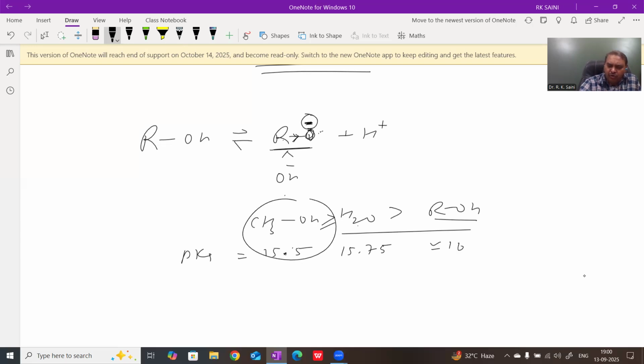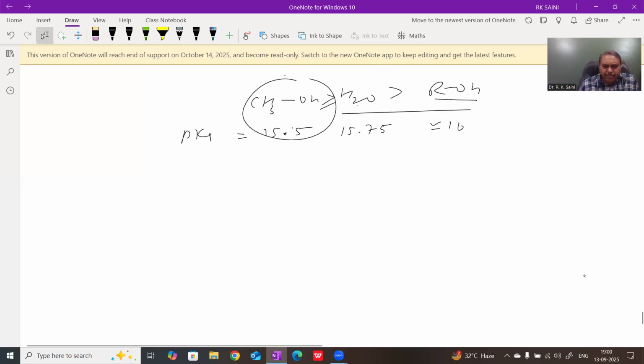The reason: the methoxide ion is slightly more stable than hydroxide ion, because the electronegativity of carbon is greater than the electronegativity of hydrogen.